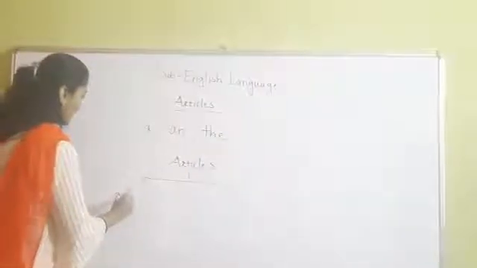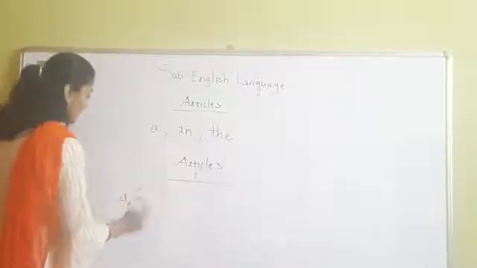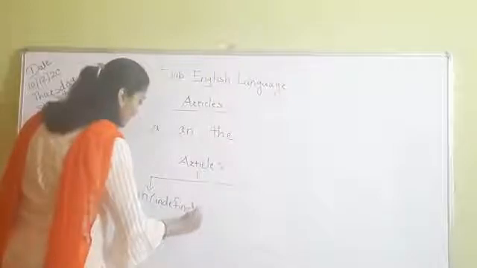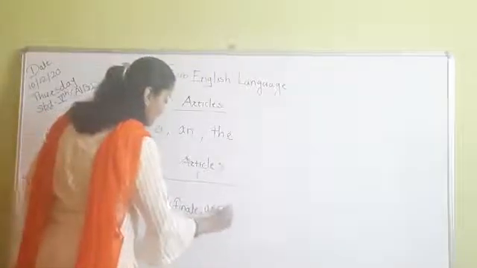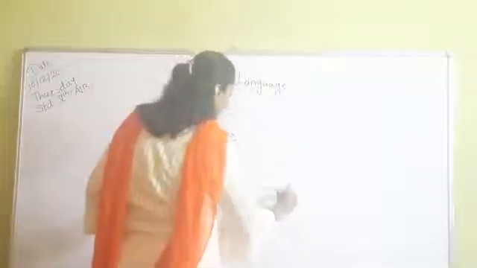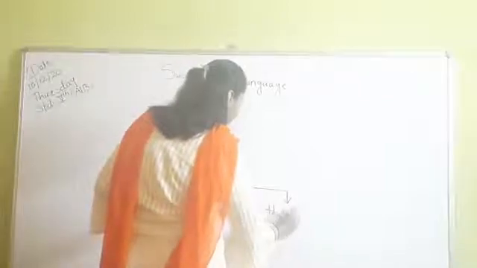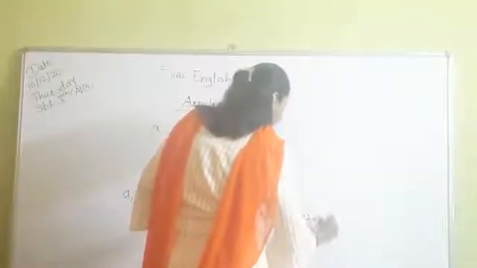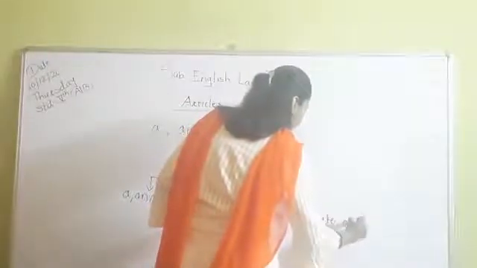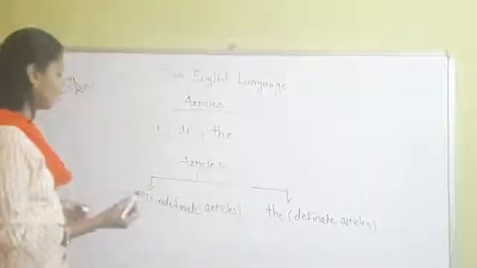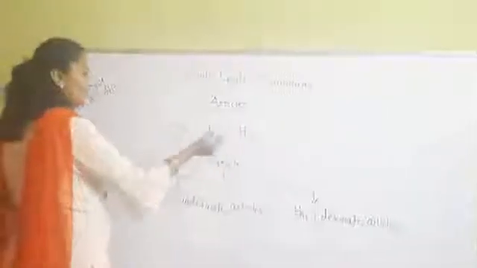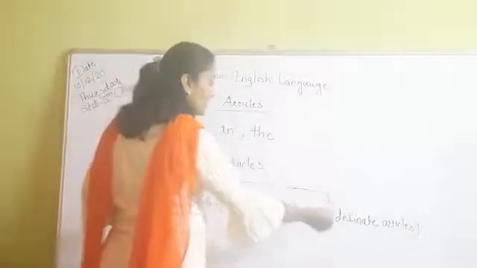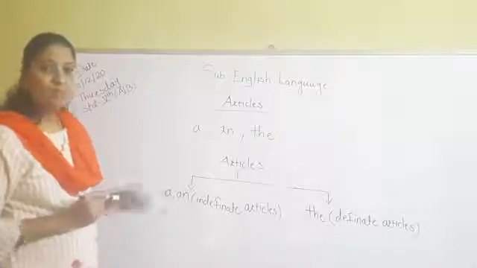A and an are known as indefinite articles, and the is the definite article. Up to now, have you understood?